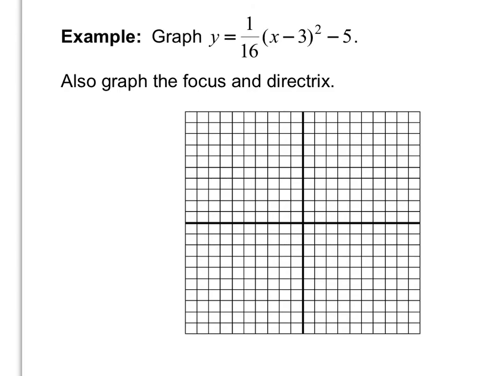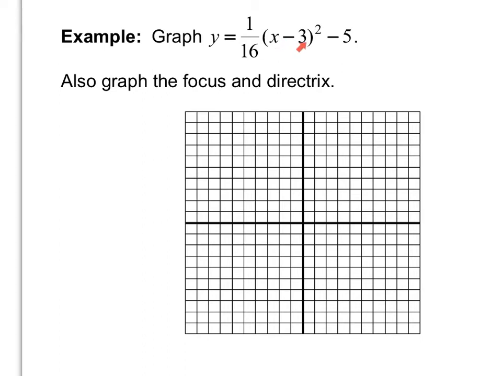So let's look at an example. We're going to graph the equation y equals 1 over 16 times the quantity x minus 3 quantity squared minus 5. So the first thing we're going to do is figure out what the vertex is of this parabola. And if you remember from when we did this before, when you find the vertex of a parabola, you need to look at the number that's in here with the x, and we're going to use the opposite of this number.